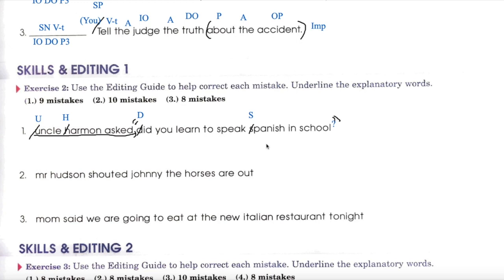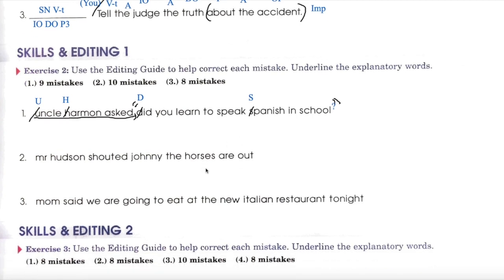Okay, let's make sure we have everything right. Uncle Herman asked, "Did you learn to speak Spanish in school?" Yes, and it had 9 mistakes, so let's count them. 1, 2, 3, 4, 5, 6, 7, 8, 9. Okay, we have them all.